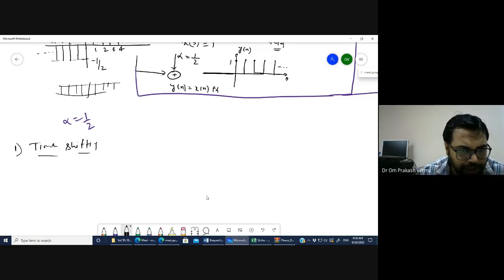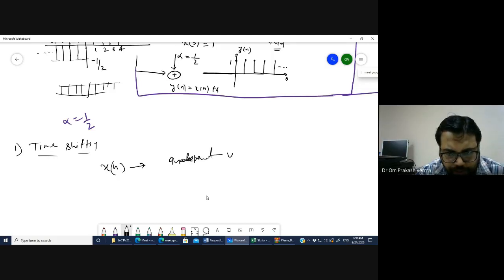So again, let's say xn is any signal. It will be shifted by, let's say, the independent variable n. So what we have to do, this variable we have to shift by n minus n naught or n plus n naught, right?